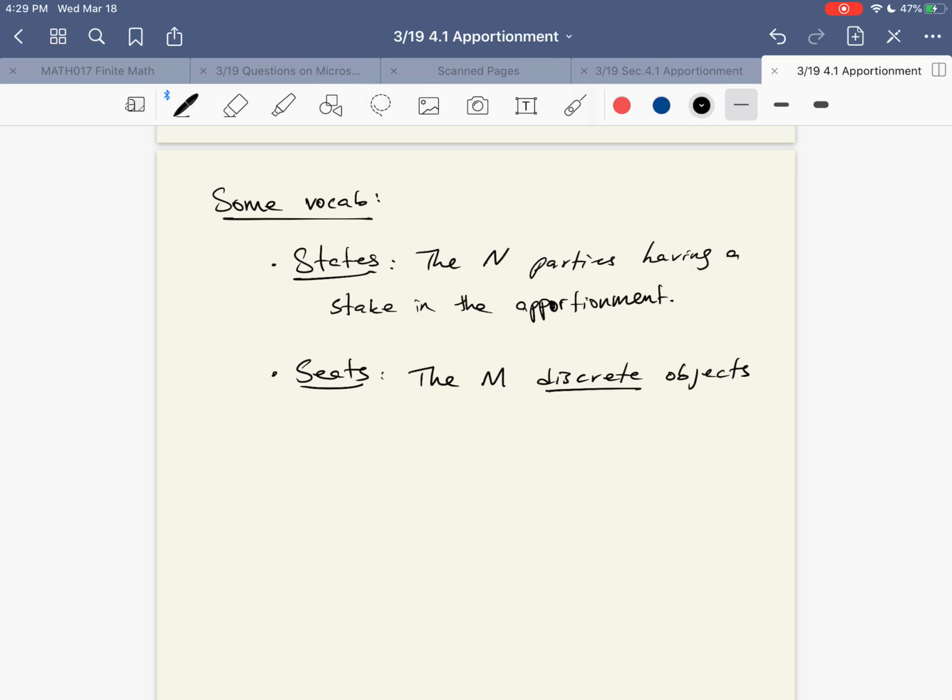Discrete means indivisible. These are objects that you can't divide in half. You can't give half a seat in the House of Representatives to a state, because that seat corresponds to a person, and you can't have half a person. Good. The M discrete objects to be divided up. Indivisible.